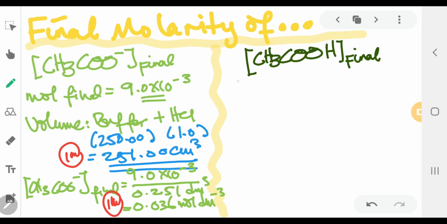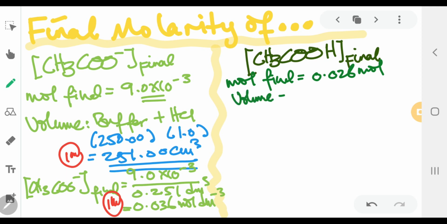For the weak acid, the mole final is 0.026 mole. The volume is also the same.